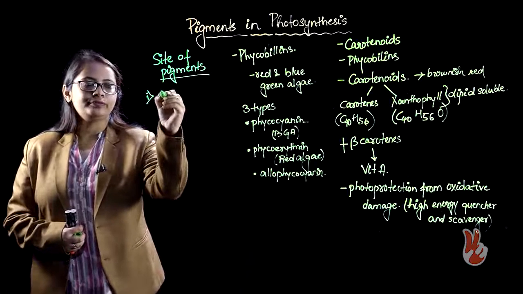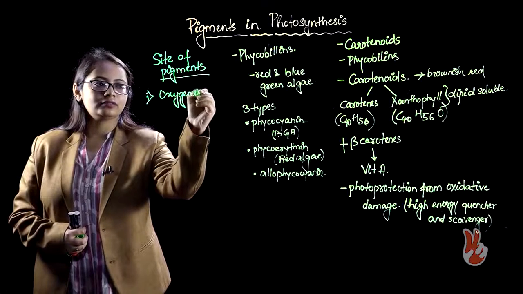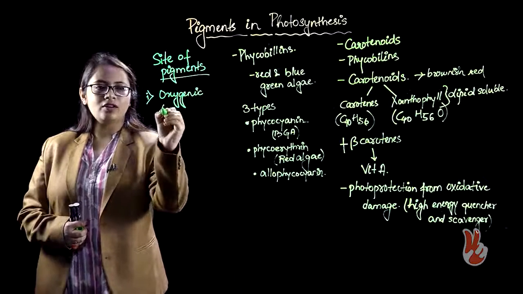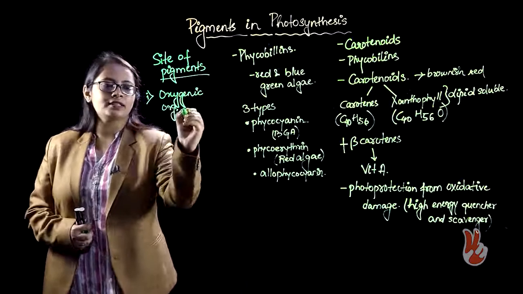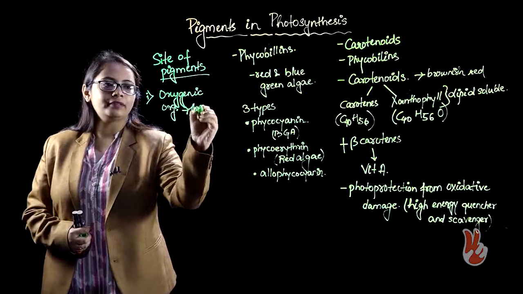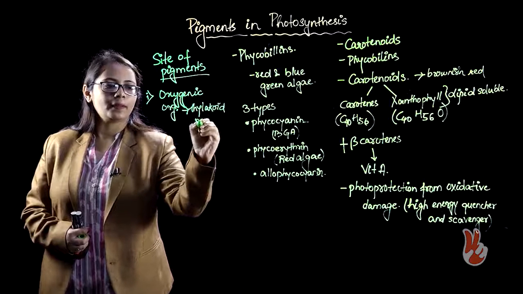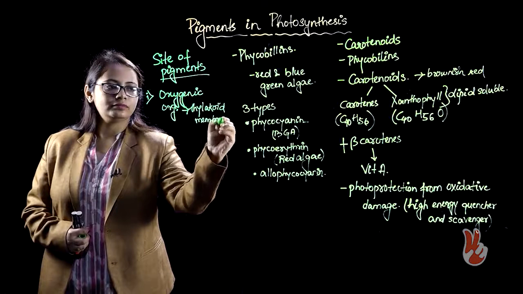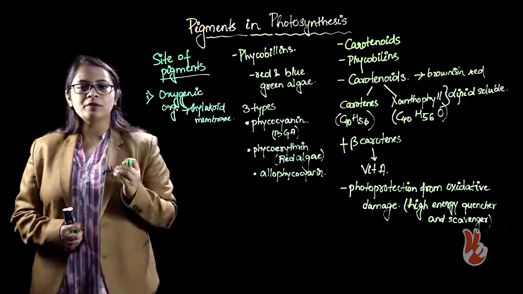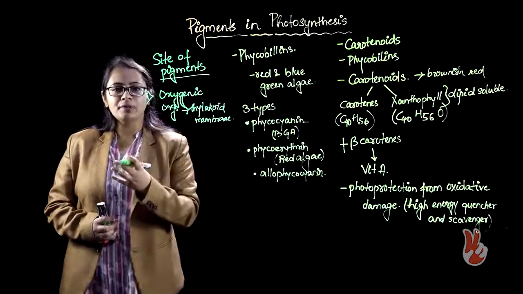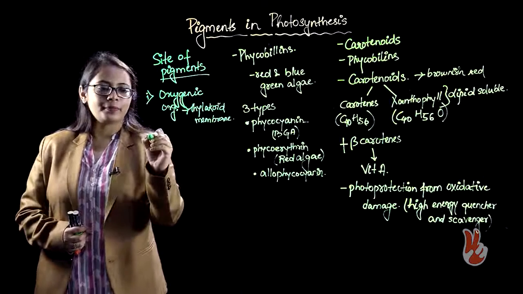In case of oxygenic photosynthetic organisms, these pigments are found in the thylakoid membrane. By oxygenic organisms, we mean those organisms which liberate or produce oxygen at the end of photosynthesis.